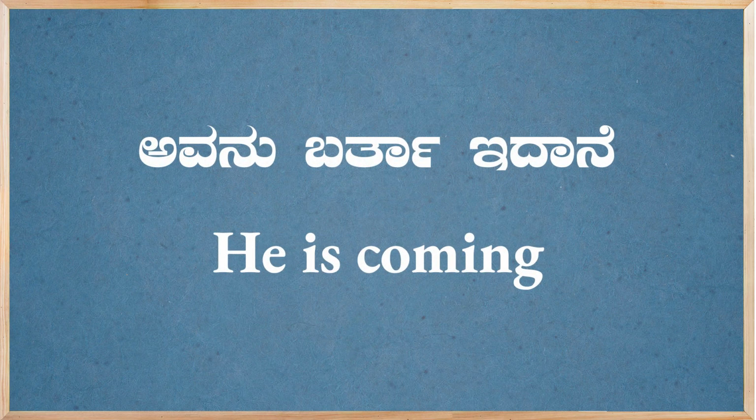Let's begin. In our last session, we learned about present continuous, past continuous, future continuous tenses. The present continuous tense in Kannada is formed by adding ta to the root verb followed by present tense auxiliary verb iru, meaning to be. Avanu barta idane, he is coming. Habitual cum future continuous tense in Kannada was also taught.